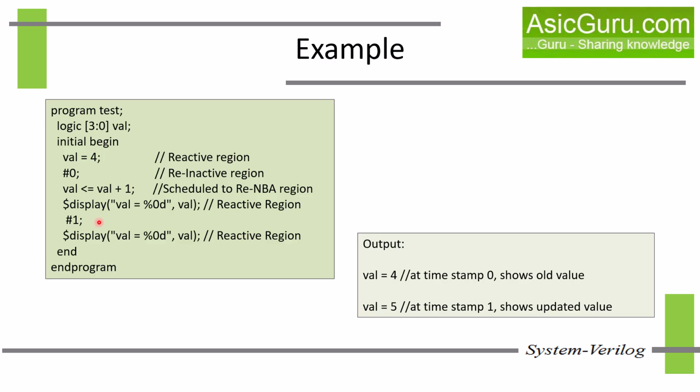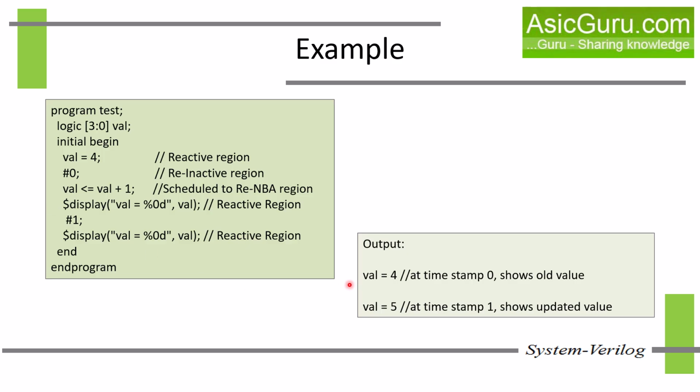And then after a delay of 1 timestamp, again we have a $display statement which also would execute in the reactive region. So if we understand the execution at timestamp 0, first val equals 4 would be executed in the reactive region. Then in the reactive region, this $display statement would be executed and it would display the value as 4.